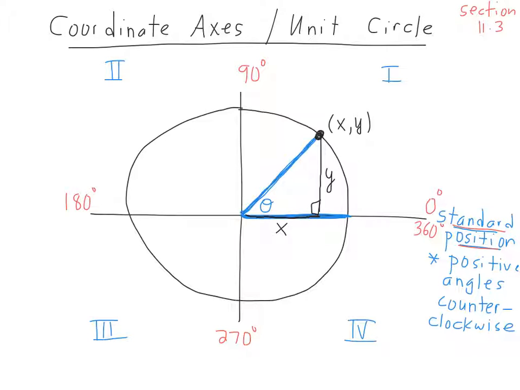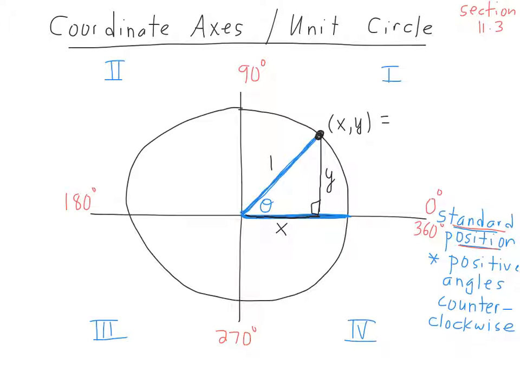Notice that x is an adjacent side, and let's suppose that our radius in this circle that I drew was 1.